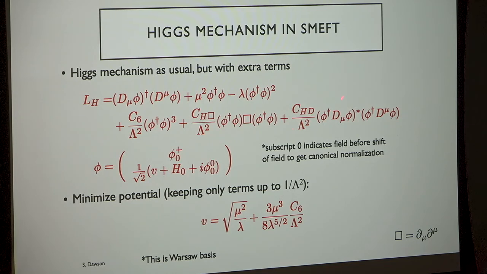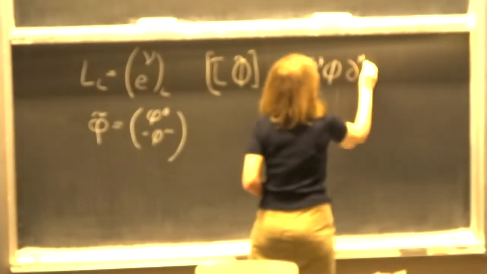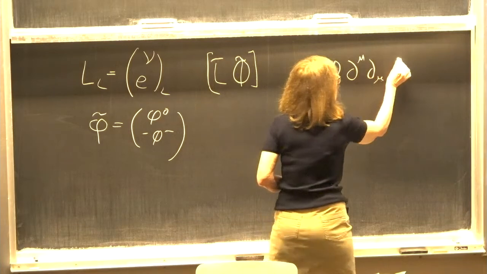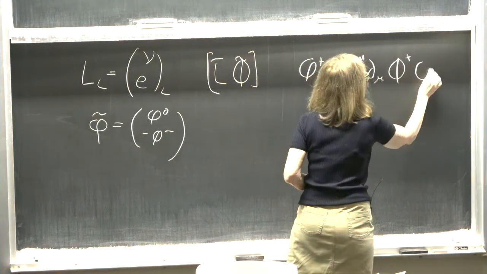So let's look at the C_HD term here. When the phi has a v, this will give me v squared over 2 times the kinetic energy term. So it will shift the kinetic energy term. This term here will also contribute to the kinetic energy term. So I have phi dagger phi, D_mu, phi dagger phi.